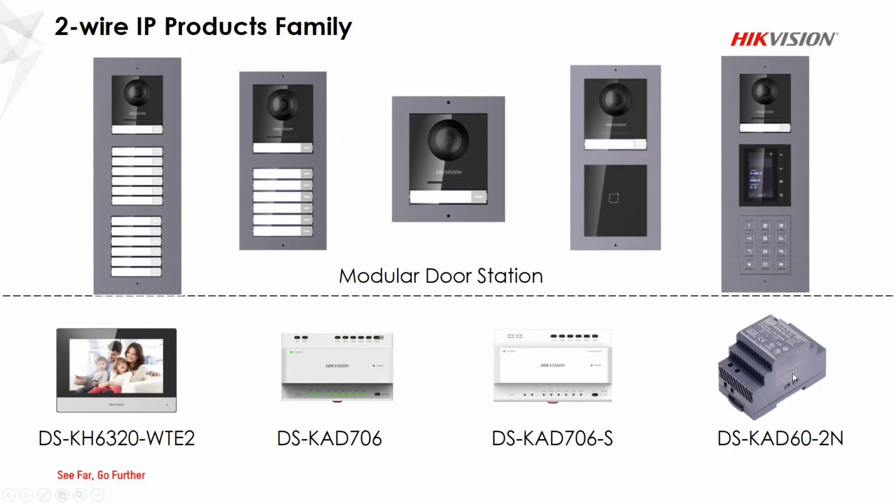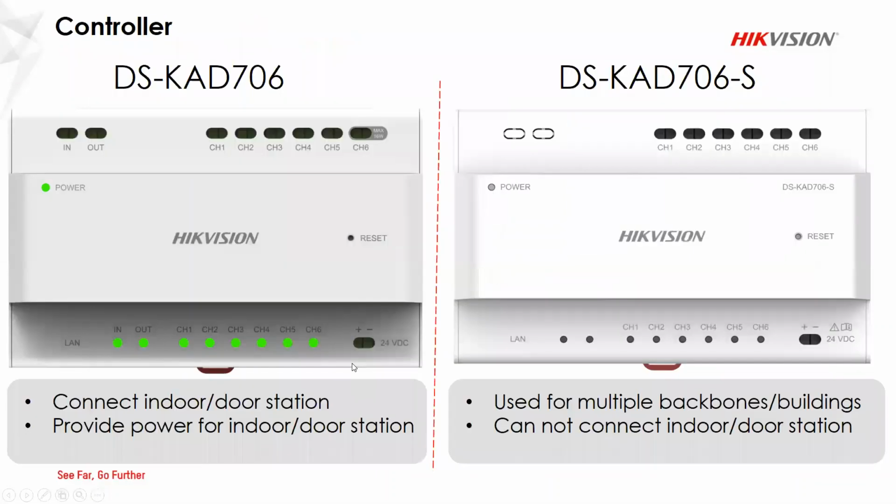Okay, so this just transforms 220 volt into 24 volt. So this is the difference. The 706 one is to be used to connect to the devices, to connect indoor stations and door stations.